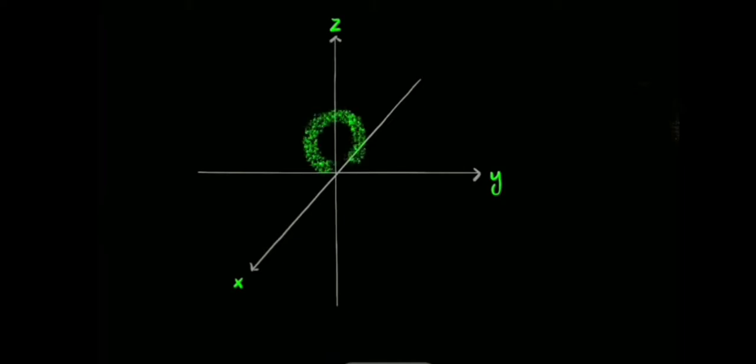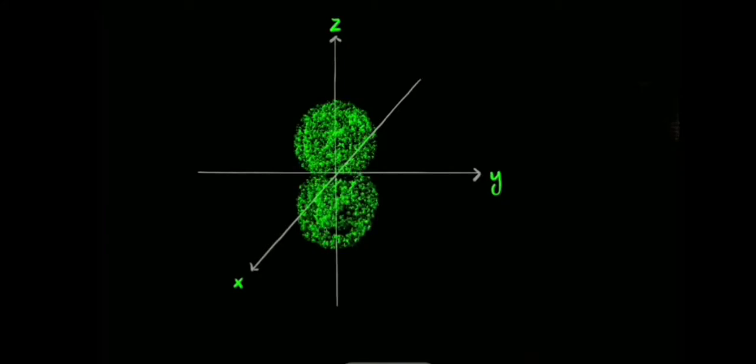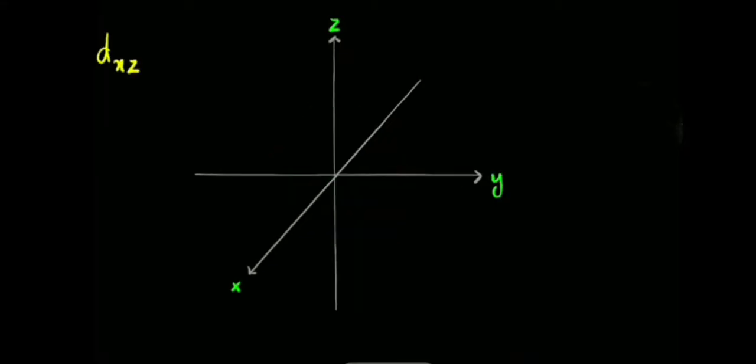Each of the d orbitals has 4 lobes excepting the dz square. Well, here I have represented 2 lobes along the z axis, and there is also electron density along xy plane, which represents the dz square orbital.